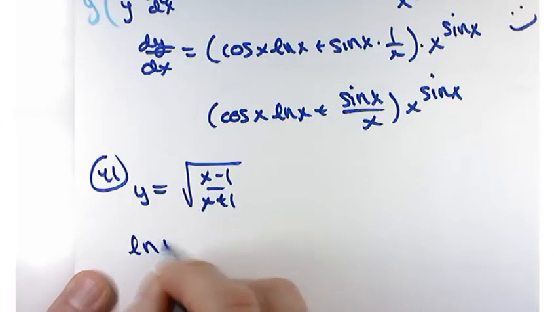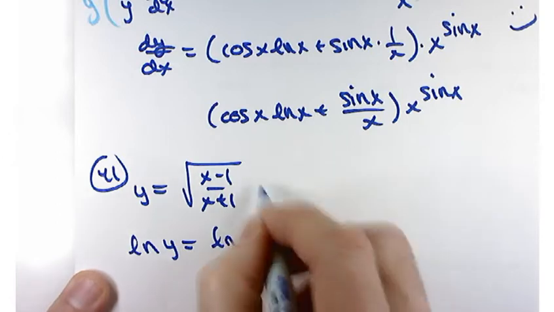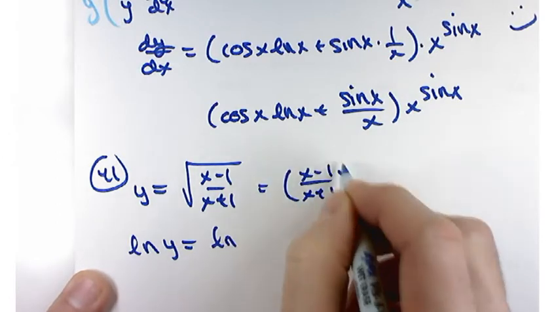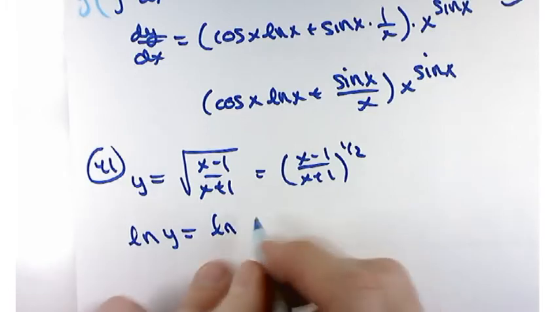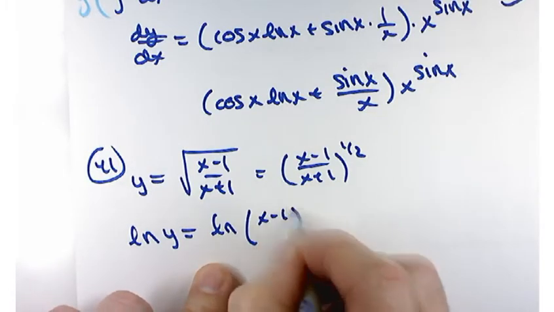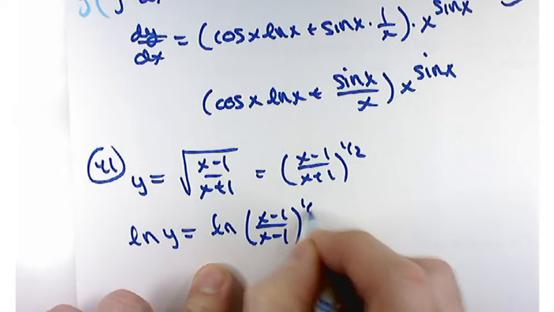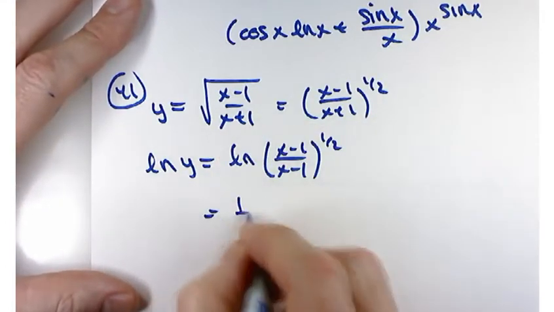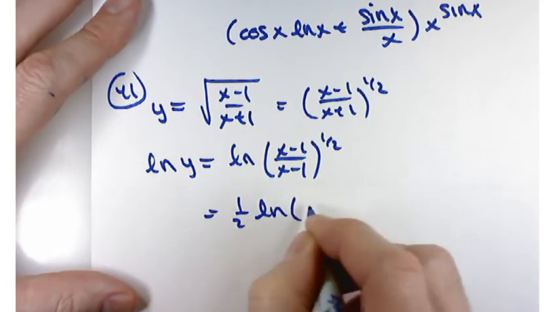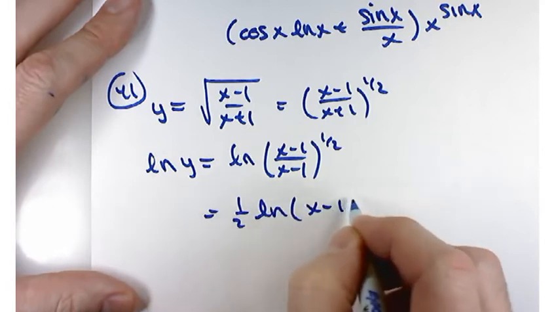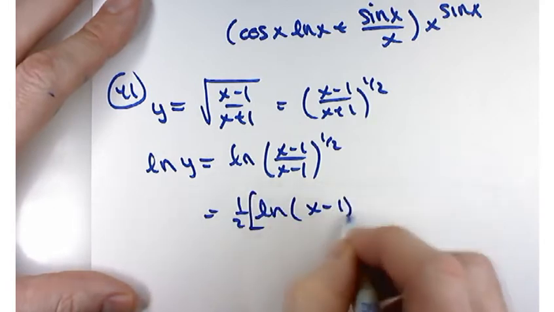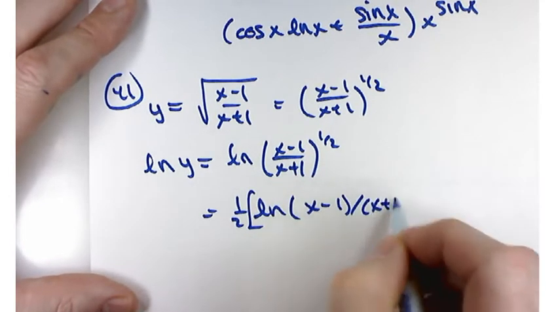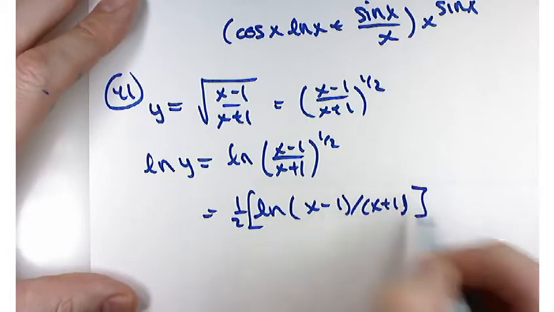If you took the natural log of this, what I'd probably do to start with is use all my properties of logs that I can. So the 1/2 is going to come out in front. 1/2 ln of x minus 1 over x plus 1, like that.